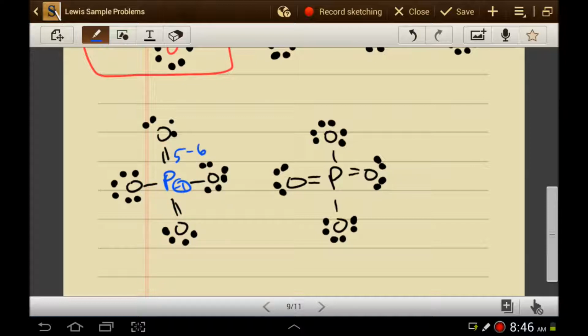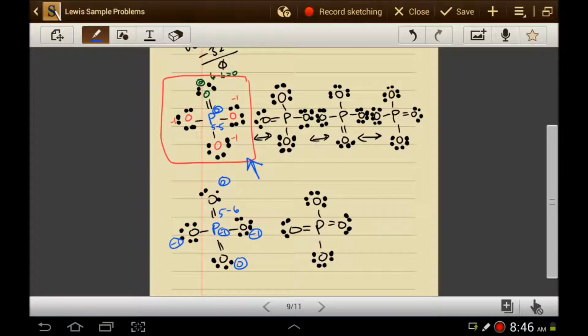And then our single bonded oxygens were all -1. And then our double bonded oxygens were 0. So this resonance structure would not be as stable because the negative formal charge is not on the more electronegative element. This is still the most stable resonance structure because it has the most number of zeros and the negatives are on the more electronegative atom.